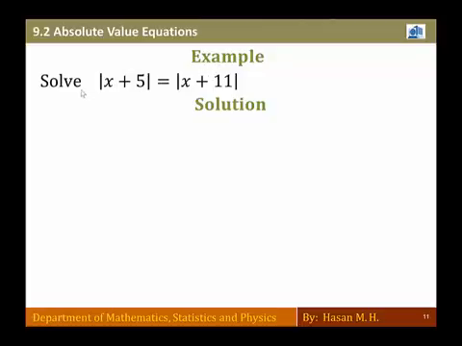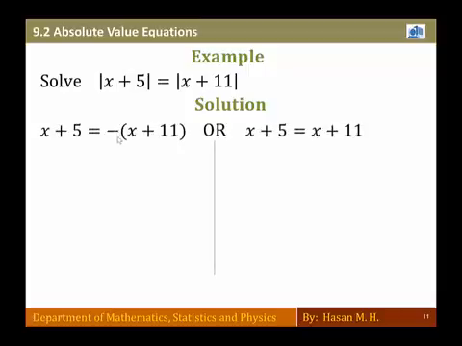Example: solve the absolute value of x plus 5 equals the absolute value of x plus 11. The absolute value of x plus 5 equals the absolute value of x plus 11 is equivalent to x plus 5 equals negative times open parentheses x plus 11 close parentheses, or x plus 5 equals x plus 11.